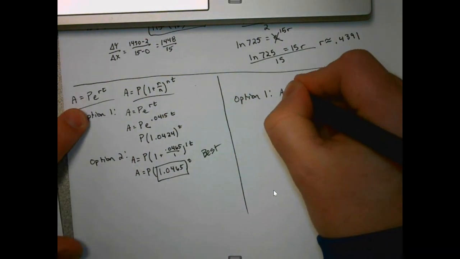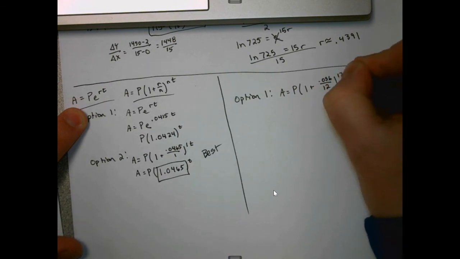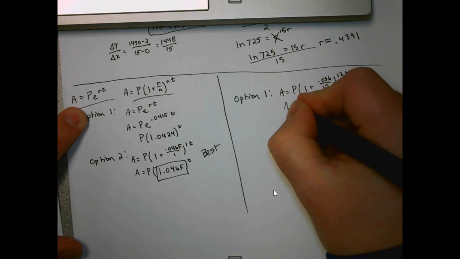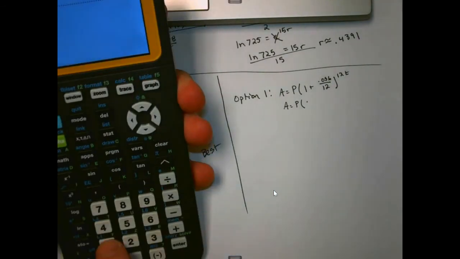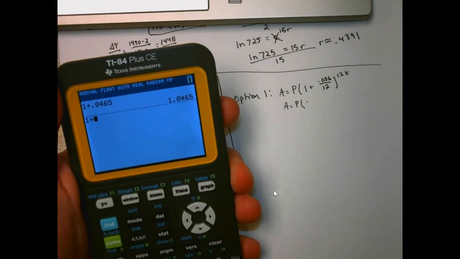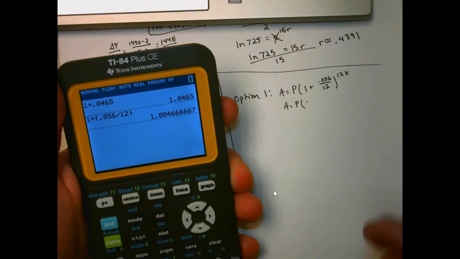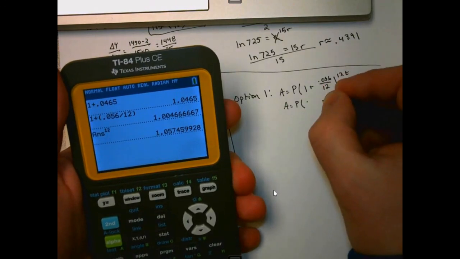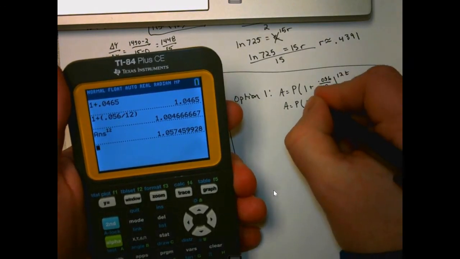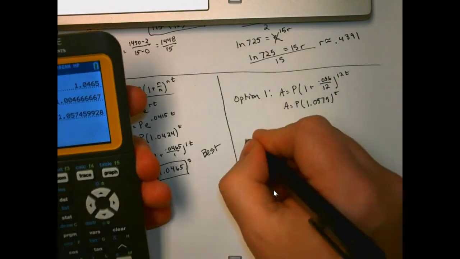That's A equals P times (1 plus 0.056 over 12) to the 12t. We're going to raise that to the 12th, so you get 1.0575 to the t.